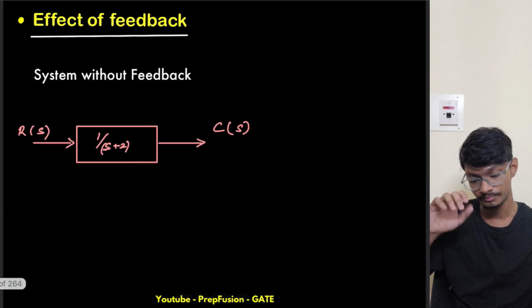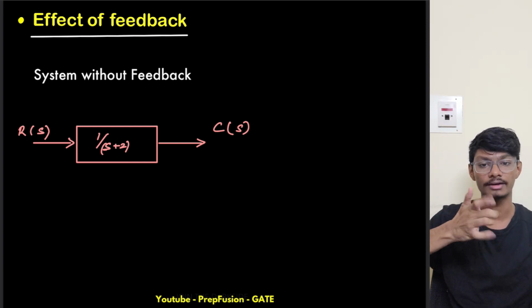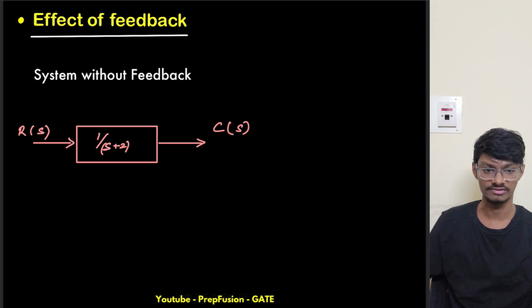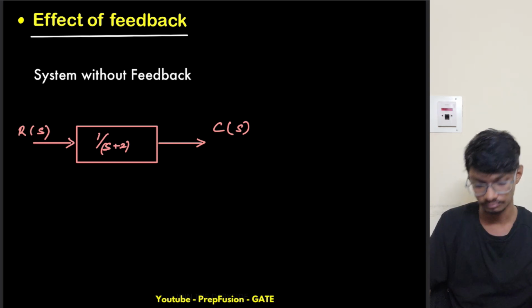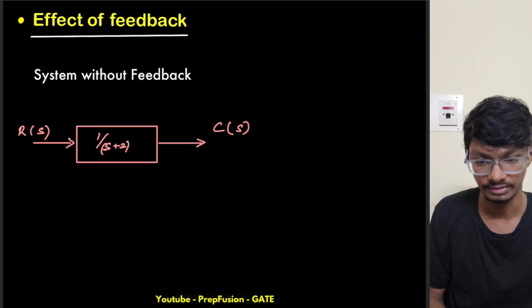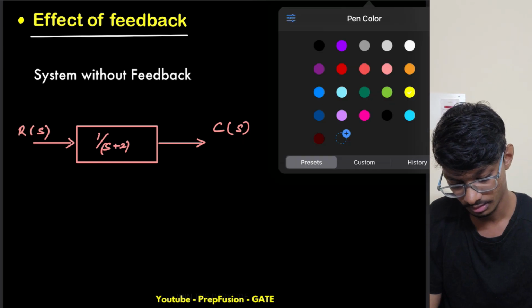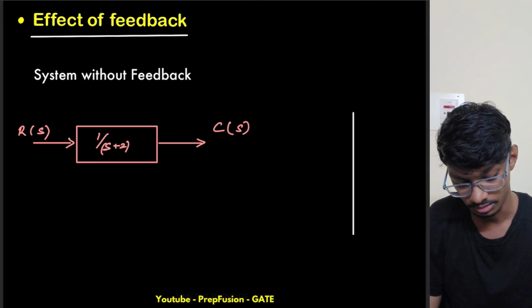So now we will study the effect of feedback. What happens if we give feedback, when initially we don't have feedback? Let's say we have one system with a given transfer function. Let me draw the pole-zero diagram, the S plane.